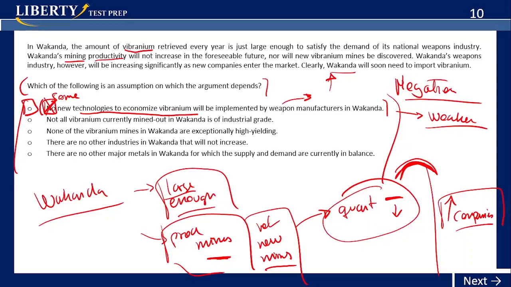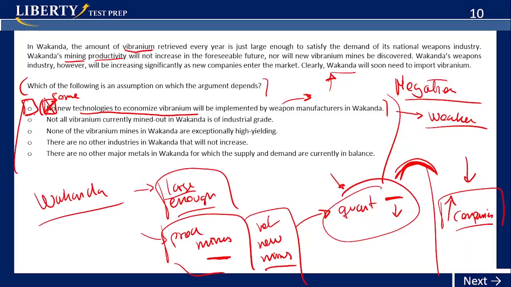Why? The argument basically said the quantity of vibranium, the amount of vibranium we extract from the mines, is going to be the same or less. And you have more companies building or making weapons. Okay? And therefore you will need more vibranium and will need to import it. All right.